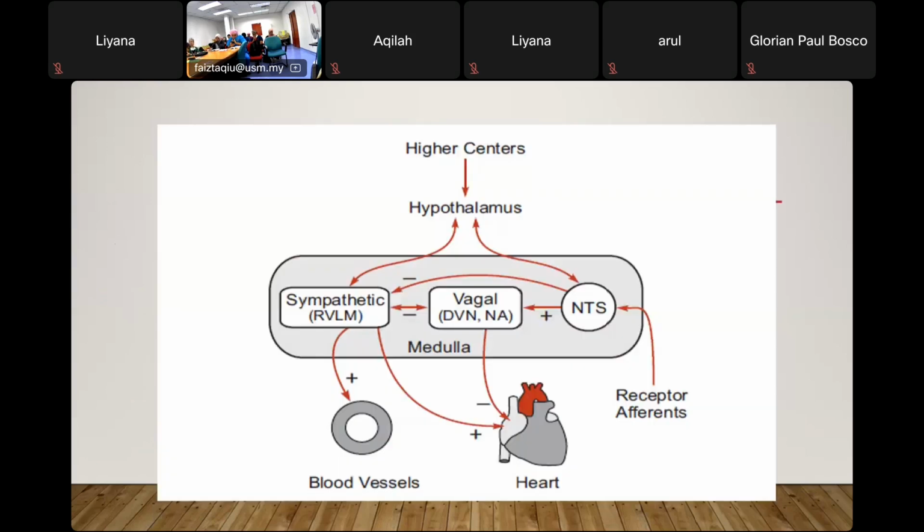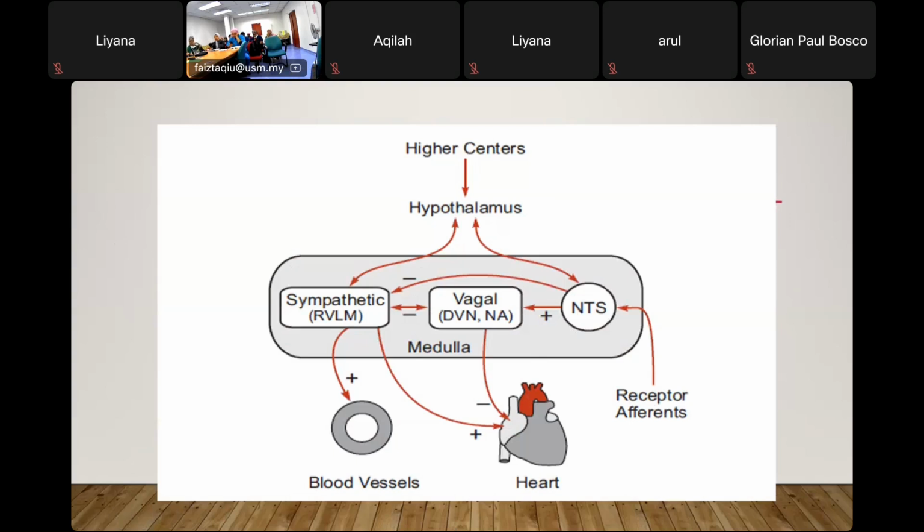In this diagram, we can see that there is an afferent from the baroreceptor, sending the impulse to the medulla, entering at the nucleus tractus solitarius.